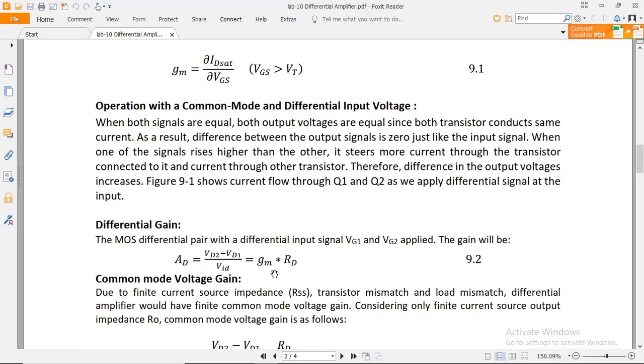This provides the result in the form of gm, the transconductance, multiplied by the drain resistance. Both multiplied together give the differential gain of the amplifier, and by this formula we can get the differential gain of the amplifier.